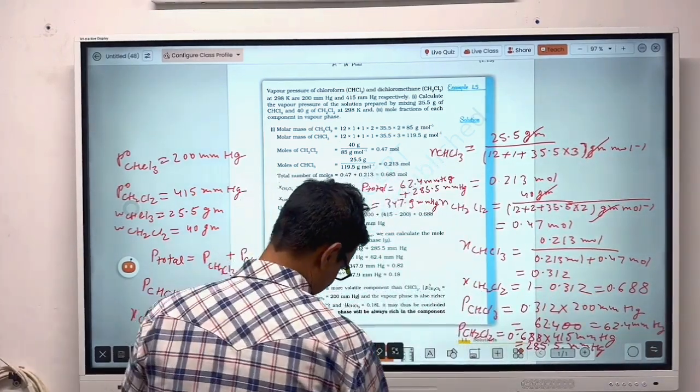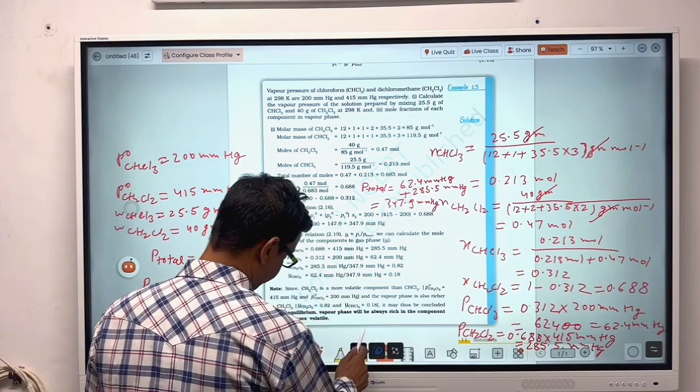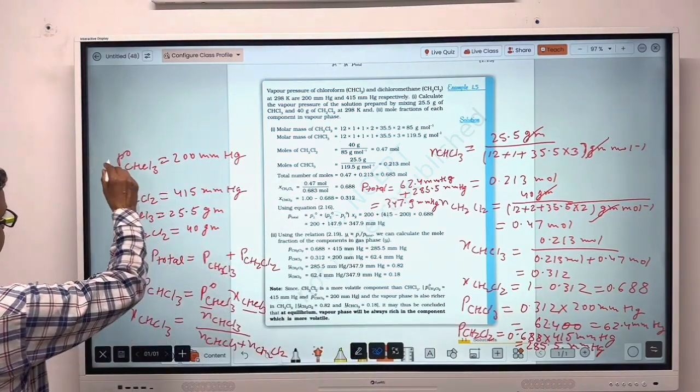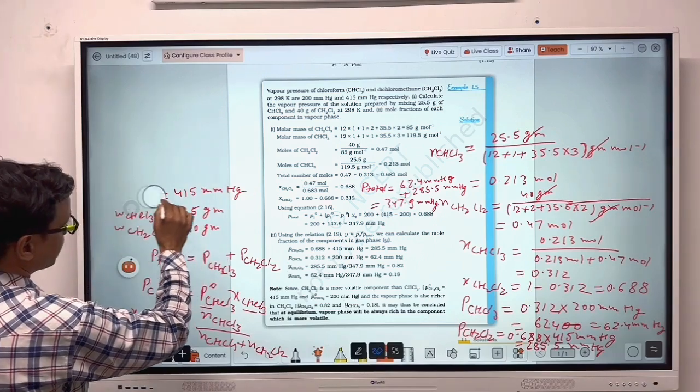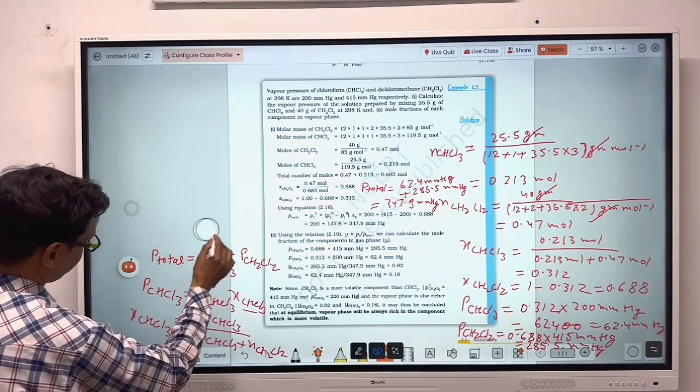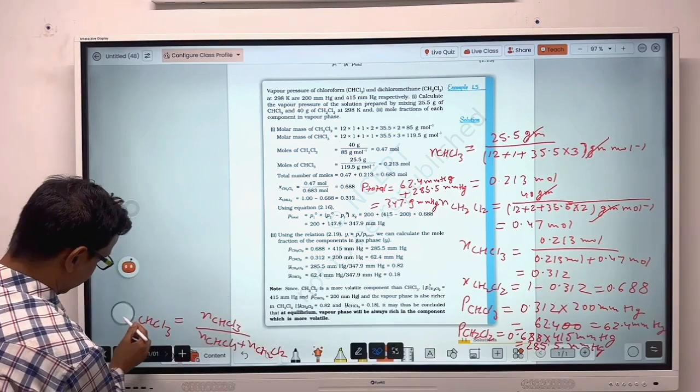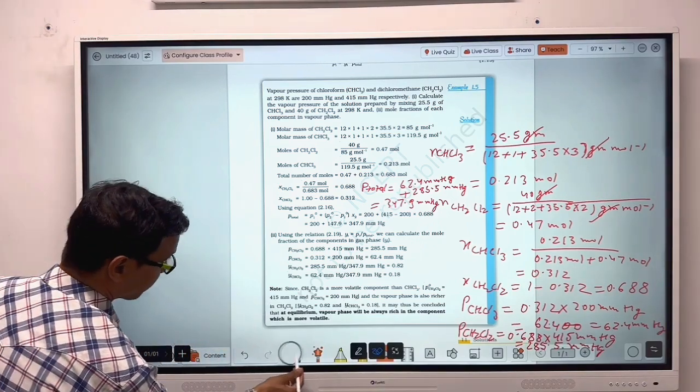Okay guys, now let's see what will be the mole fraction of chloroform and dichloromethane in vapor phase.